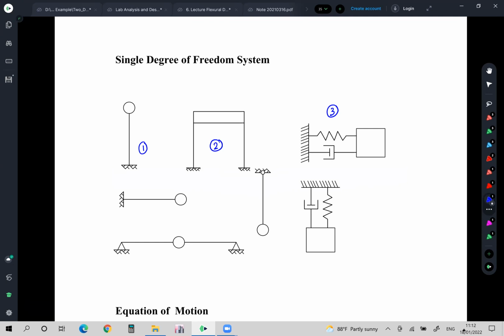For the tall buildings, most of the time we use either number 1, 2, or 3. But all of them should provide you the same solution. No matter which model it looks like, they will share the same mathematical models, and of course, they will share the same solution of X.